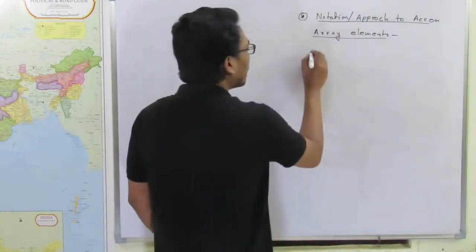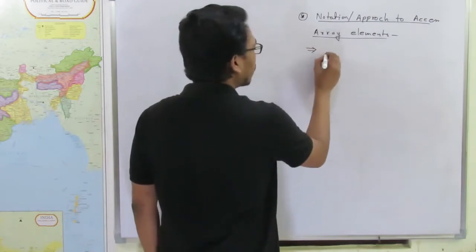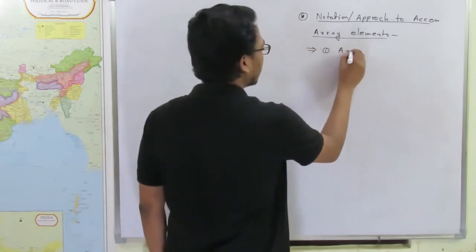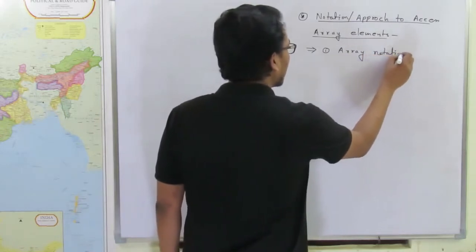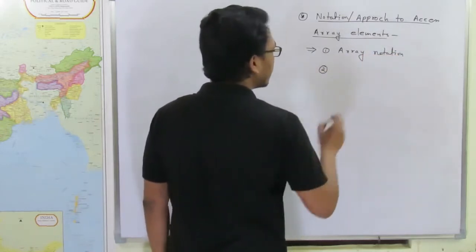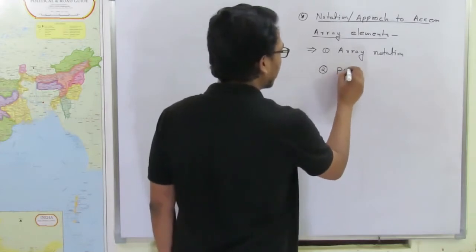Clear? Now the first notation that we have is called array notation, and the second notation that we have is called pointer notation.